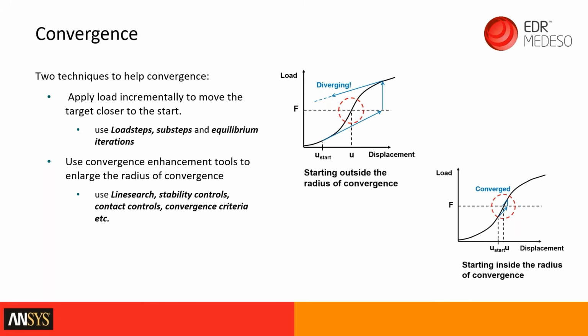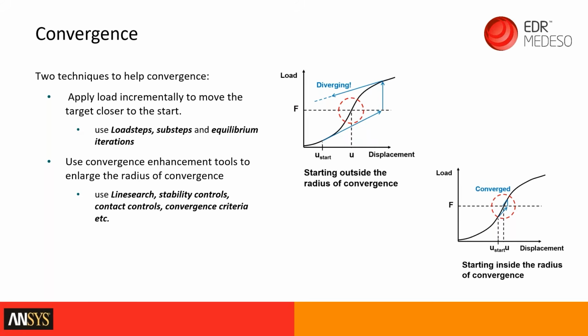And then for each substep, Ansys has to go through this Newton-Raphson method in order to find the equilibrium, which may take 1 iteration, it may take 25 iterations, it may take 50 iterations. So as soon as you start doing nonlinear analysis, you have load steps, substeps, and equilibrium iterations, and you're multiplying the number of times that Ansys has to calculate the stiffness of the structure. So the computational expense goes up hugely once you start doing nonlinear analysis.